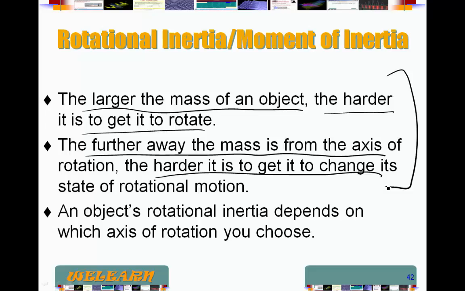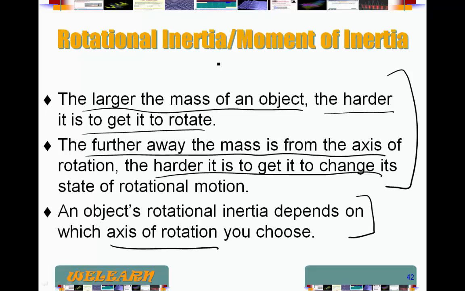One thing that's interesting, which is a result of what we just said: when we rotate an object, the axis of rotation that we choose is going to determine its rotational inertia.